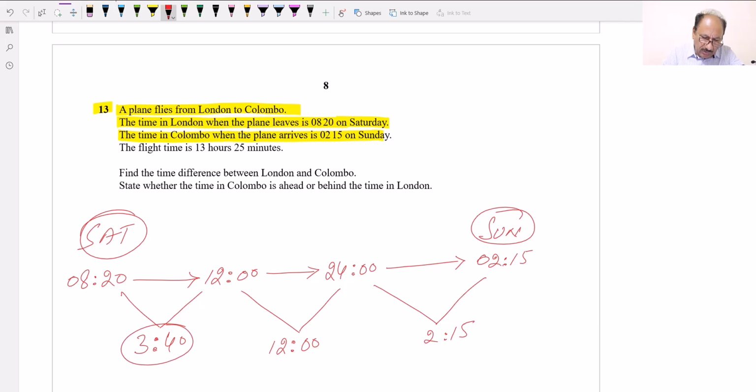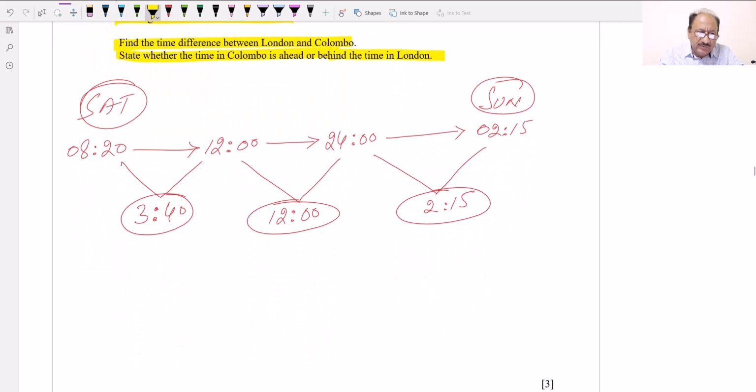Now these are the 1, 2, and 3 time durations. They are saying the flight time is 13 hours and 25 minutes. Find the time difference between London and Colombo. State whether time in Colombo is ahead or behind the time in London. So we will add these three time durations: 3 hours 40 minutes, and 12 hours, and then 2 hours and 15 minutes.